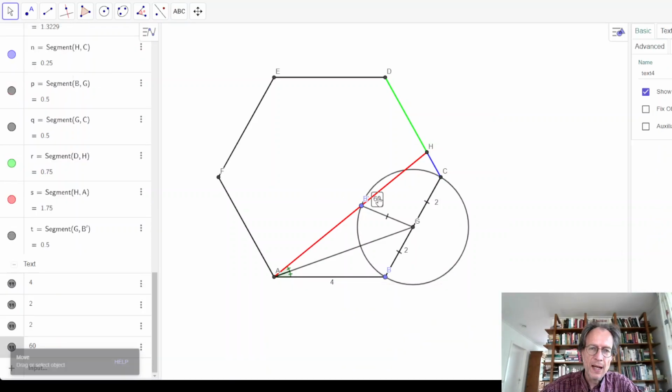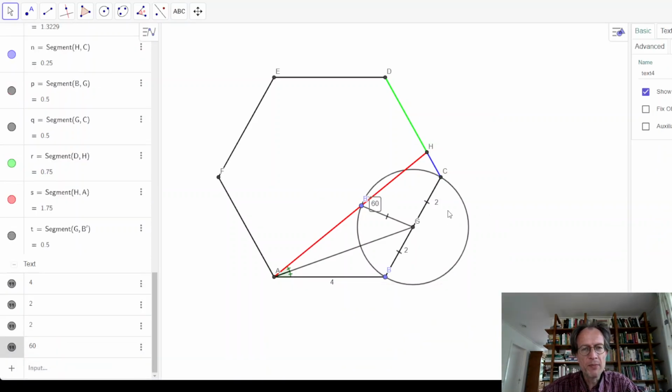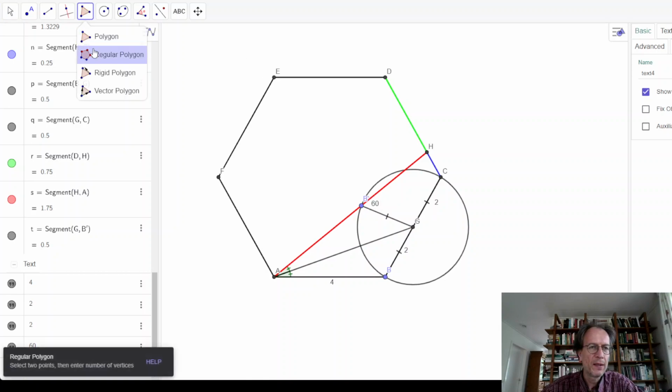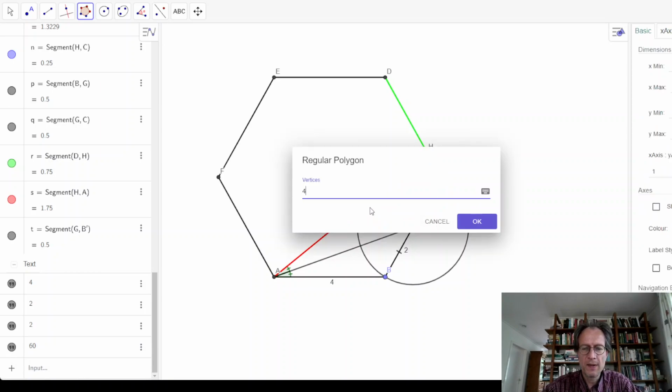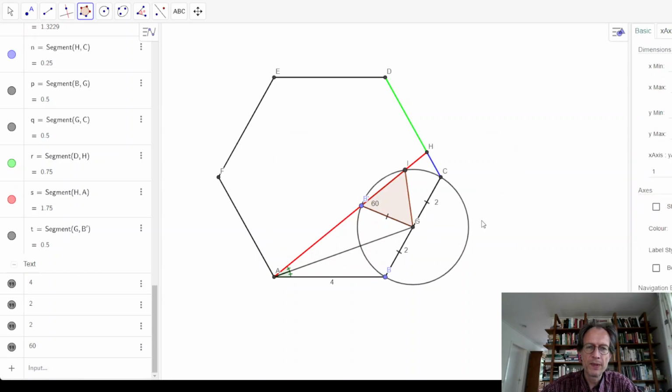So I'm tempted to do this: if in the circle we always have isosceles triangles, and if we have one angle over here of 60, we can draw an equilateral triangle. So if I draw this equilateral triangle, the other vertex is also on the circle.